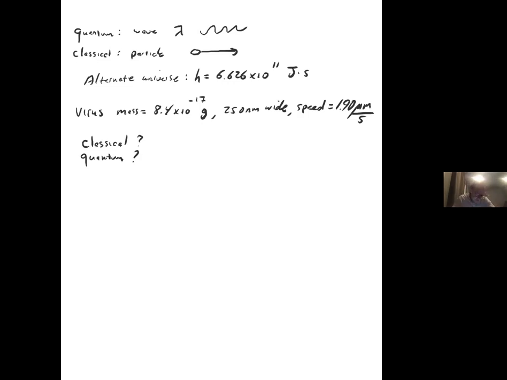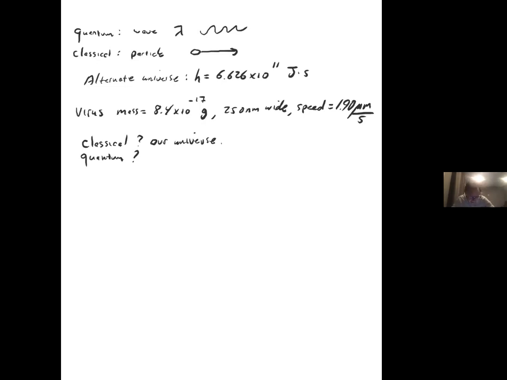So in our universe, the virus would behave classical. And this problem is claiming that the virus behaves like a regular ball, or a car. It has more in common with a car than it has in common with a photon.